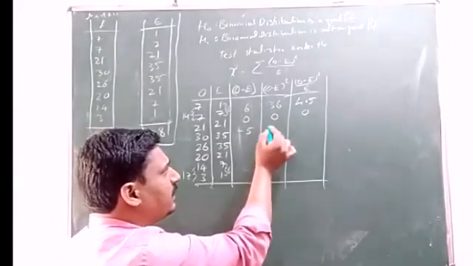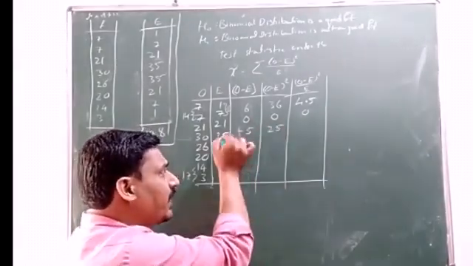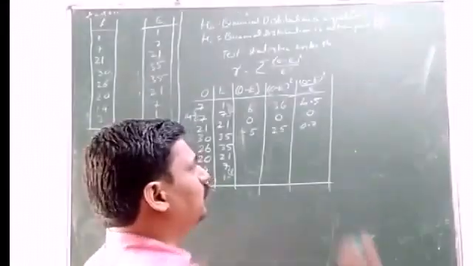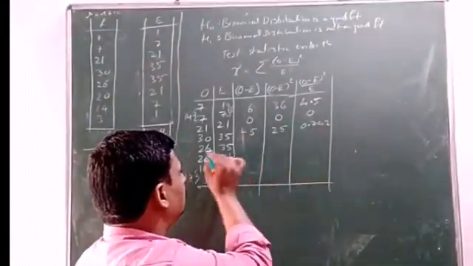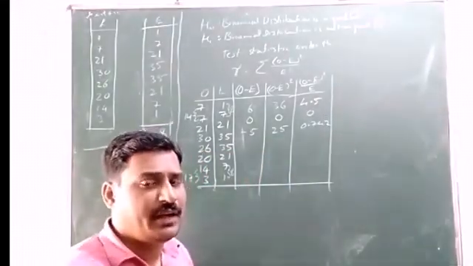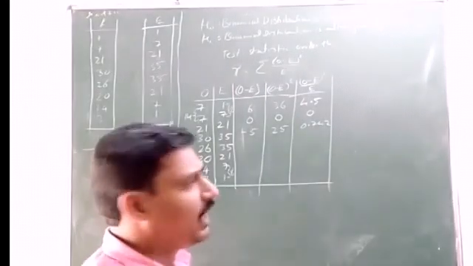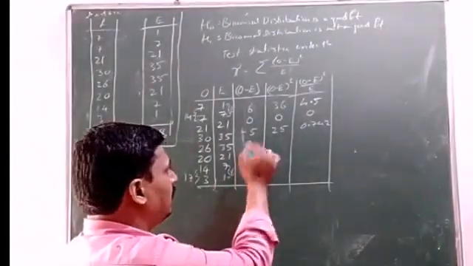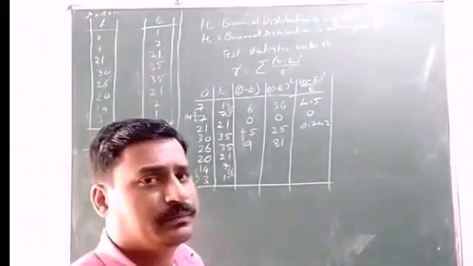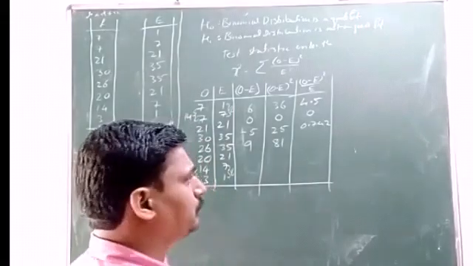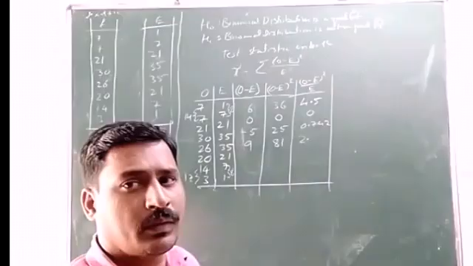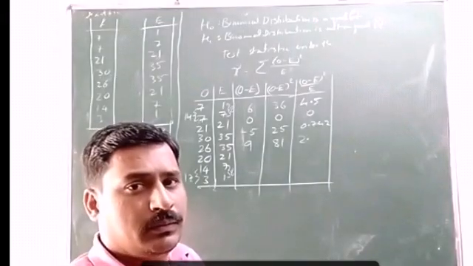Minus 5 square is 25. 25 divided by 35 is 0.7142. Next, 26 minus 35 is minus 9. 9 square is 81. 81 divided by 35 is 2.3142.